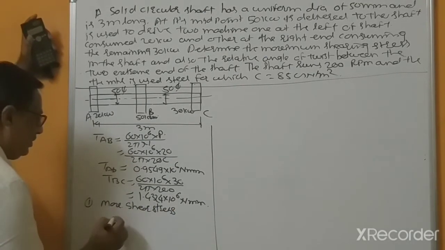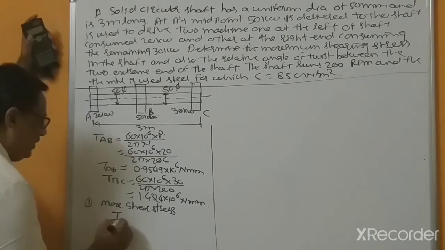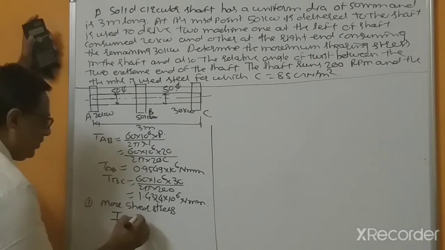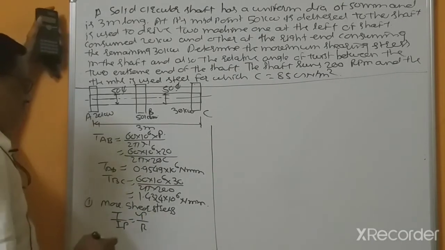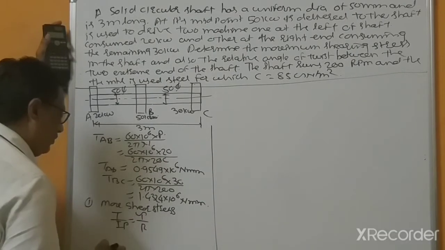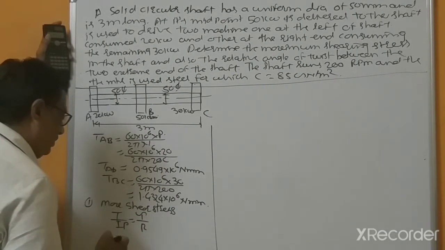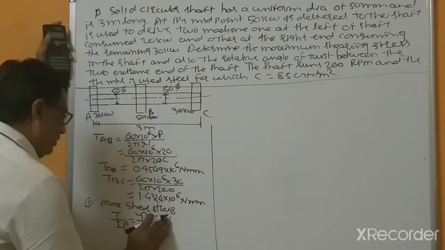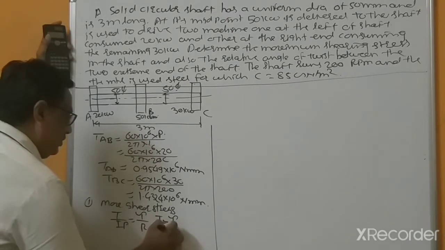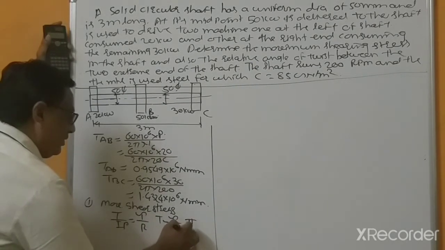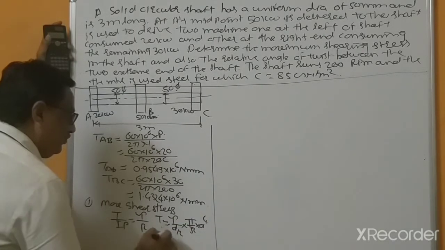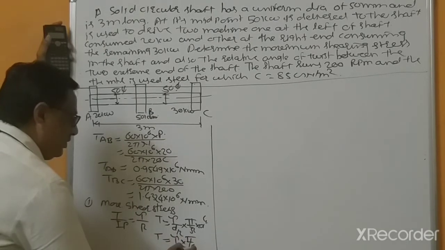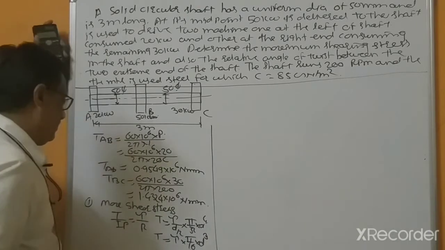Here the formula is T divided by polar moment of inertia equals tau divided by R. So T equals tau multiplied by polar moment of inertia divided by d by 2, where polar moment of inertia is pi by 32 d raised to 4, so T equals tau times pi by 16 into d cube.